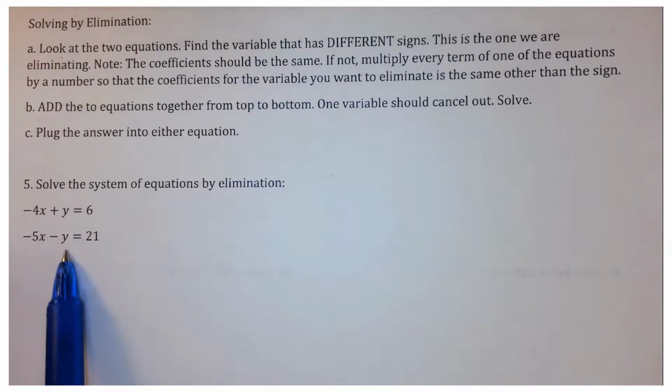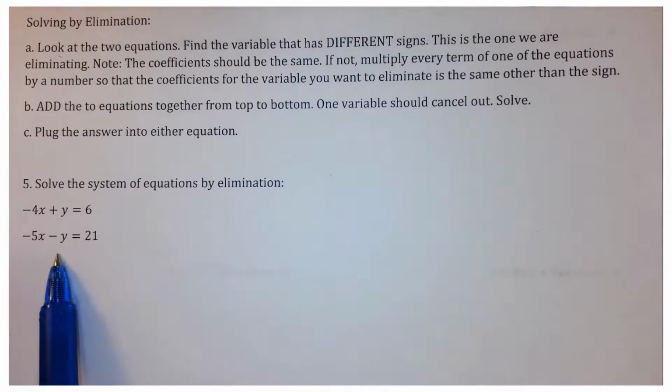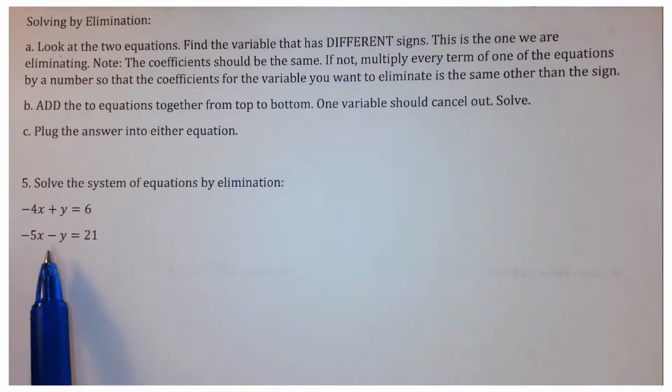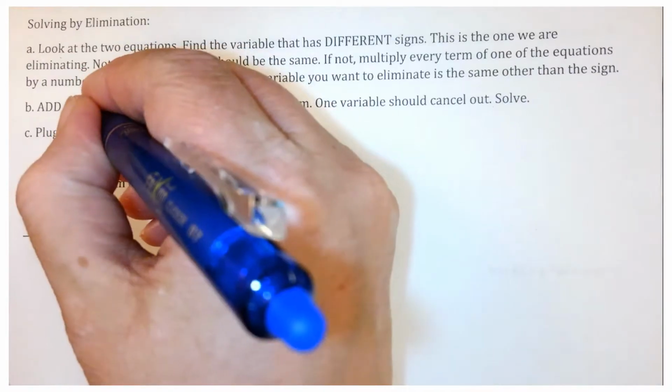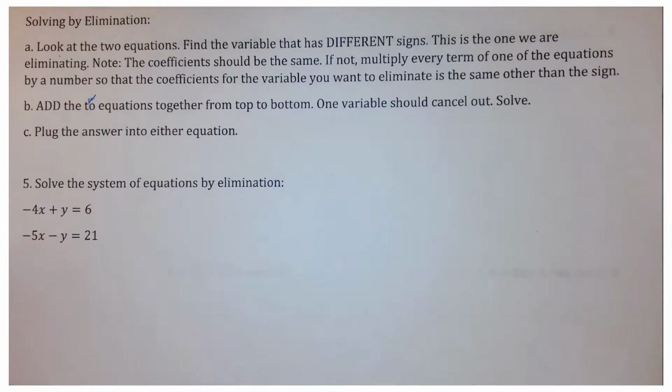So y is the variable we are eliminating. In order to do that, we're going to add the two equations together from top to bottom. One of the variables should cancel out.